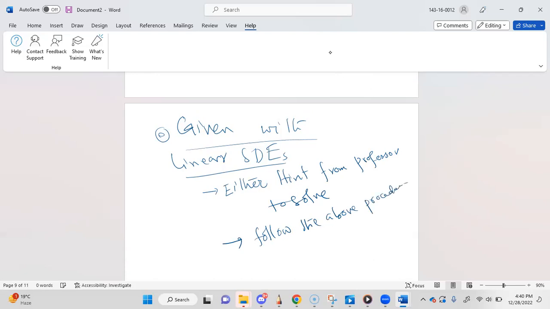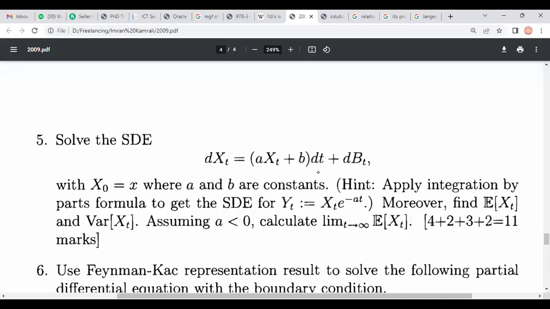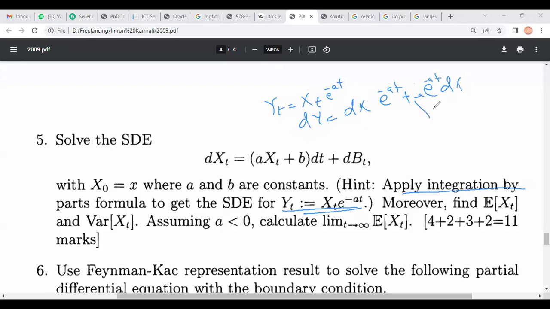Sometimes you get hints, like the last time when we were doing this question. He gave us a hint, and the hint is this: apply integration by parts, which we did last time. We considered y_t to be x_t e^(-at), and then we took dy_t, dx_t e^(-at) and minus a e^(-at) dx_t, and we solved this last time.